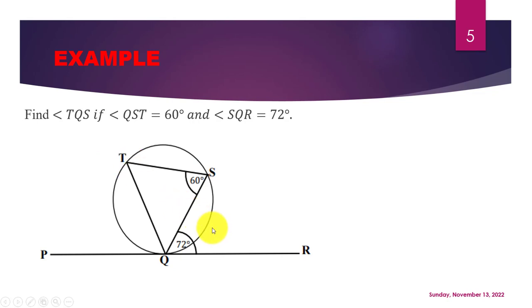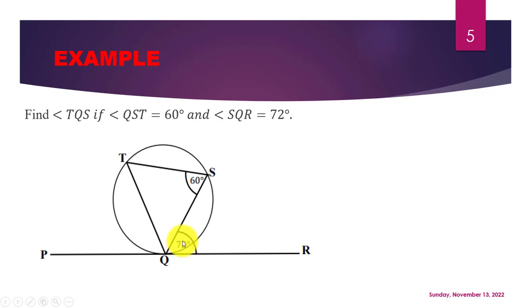So by this theorem, we are saying that angle QTS or angle STQ is equal to 72 degrees, because the line QR is a tangent, and it meets the line QS, which is a chord, at point Q. The angle formed between this chord and the tangent is 72 degrees.